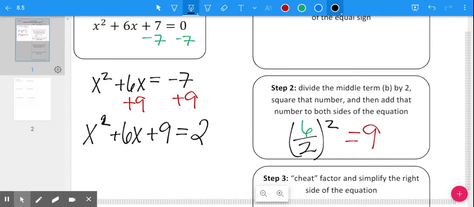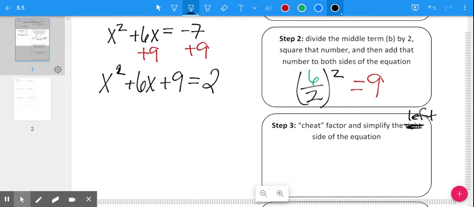Now it says factor and simplify the right side of the equation. It actually means the left side of the equation because we've already simplified the right side. So when we factor, all it means is that we're going to break this down like we did yesterday into x plus 6 divided by 2, which is 3, squared equals that 2 that we already had.